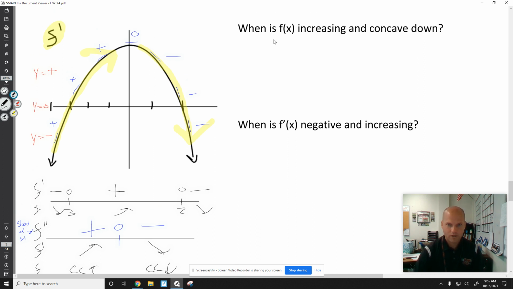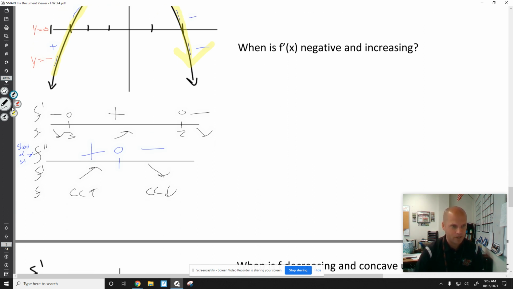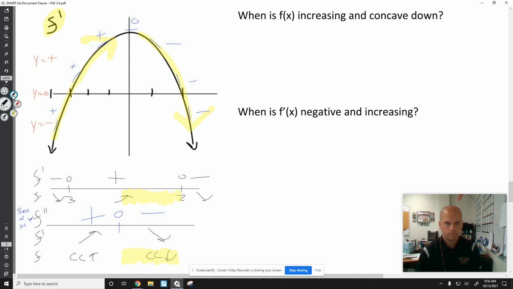All right. When is f increasing and concave down? I'm looking at this interval here when we are doing both. That's from 0 to 2. When is f prime negative and increasing?